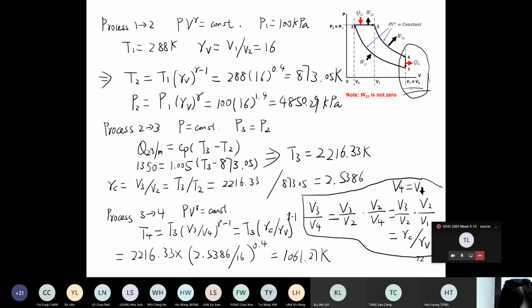Guys, you should be able to draw the PV diagram first. Then you should be able to perform this basic analysis for each process. And the first thing, you must use absolute temperature.